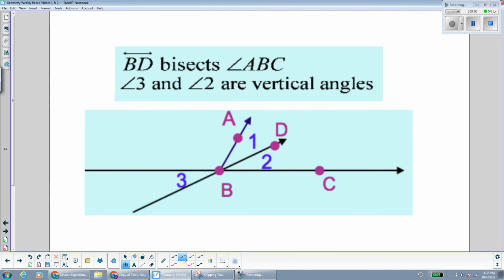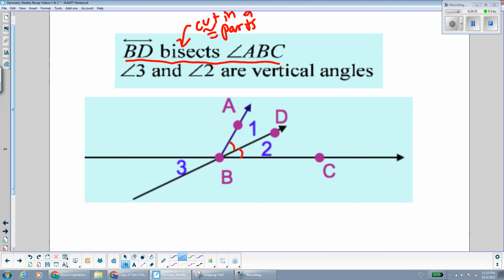Let's take a look at this next example over here. We have BD bisecting angle ABC. If BD is a bisector of angle ABC, remember a bisector means cut into congruent parts. So we know that angle ABC is being split into two equal parts, angle 1 and angle 2 being congruent to each other.